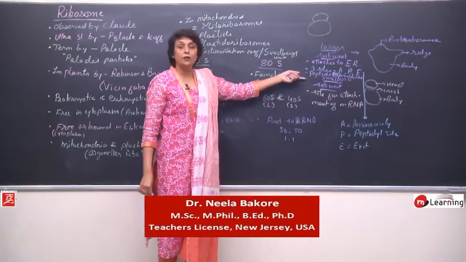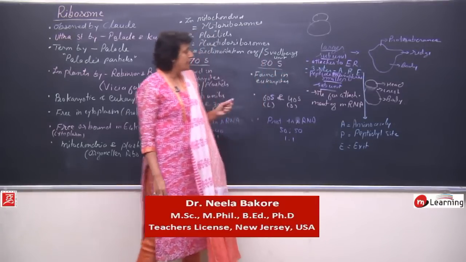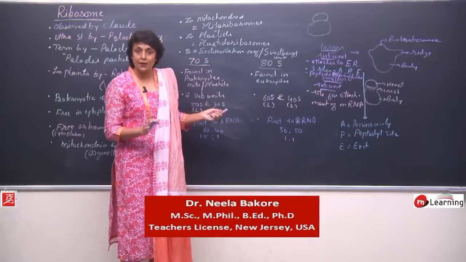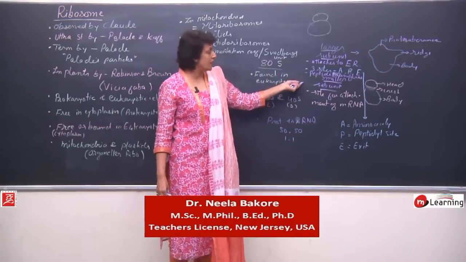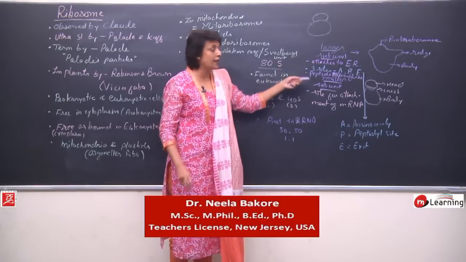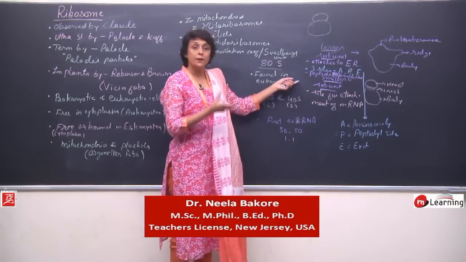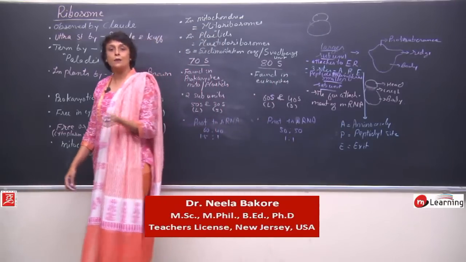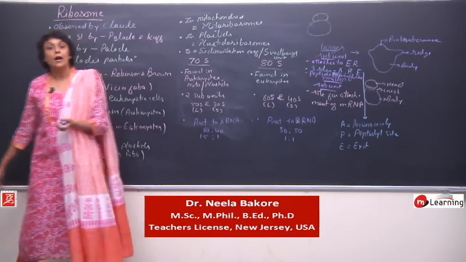So the enzyme predominantly found in the larger subunit is peptidyl transferase. These two subunits normally remain separate. They assemble only when protein is to be synthesized, and then the actual ribosome is formed. Right now they are in the form of two subunits. Then they attach and form the ribosome, the complete structure. Let us see how these ribosomes are formed and what conditions are required for their assembly.